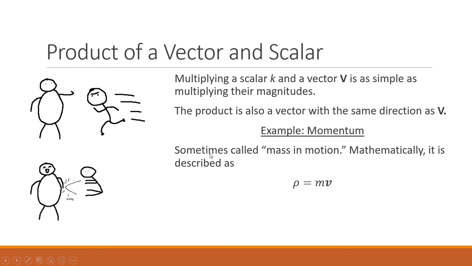Example, momentum, sometimes called mass in motion. Mathematically, P is equal to mass times velocity. Mass is a scalar, velocity is a vector. That's momentum, an example of the product of a vector and a scalar.